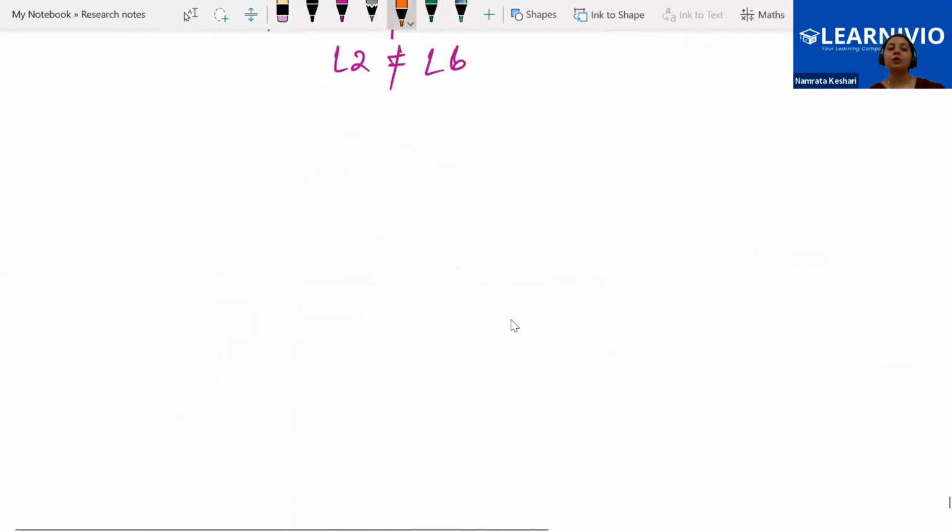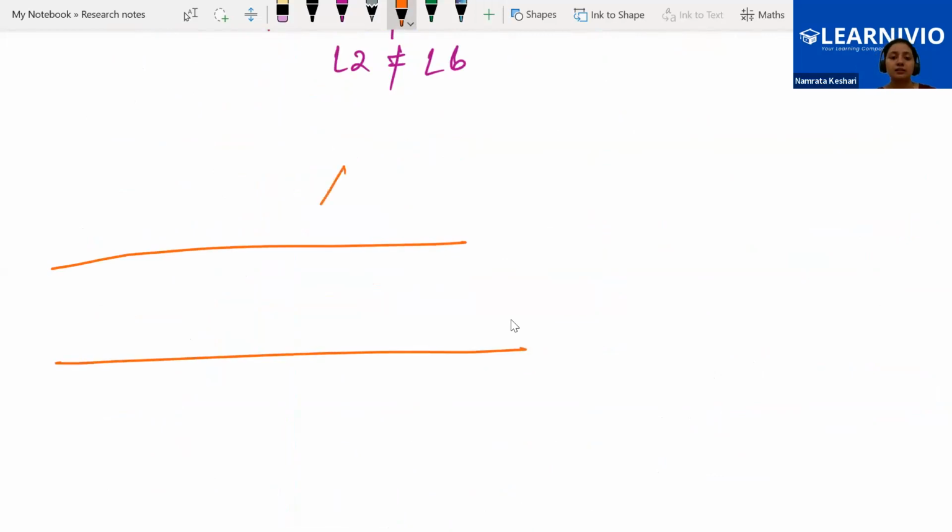Now we will be talking about alternate interior, alternate exterior angles. Again, I would name angle 1, angle 2, angle 3, angle 4, angle 5, angle 6, angle 7, angle 8.